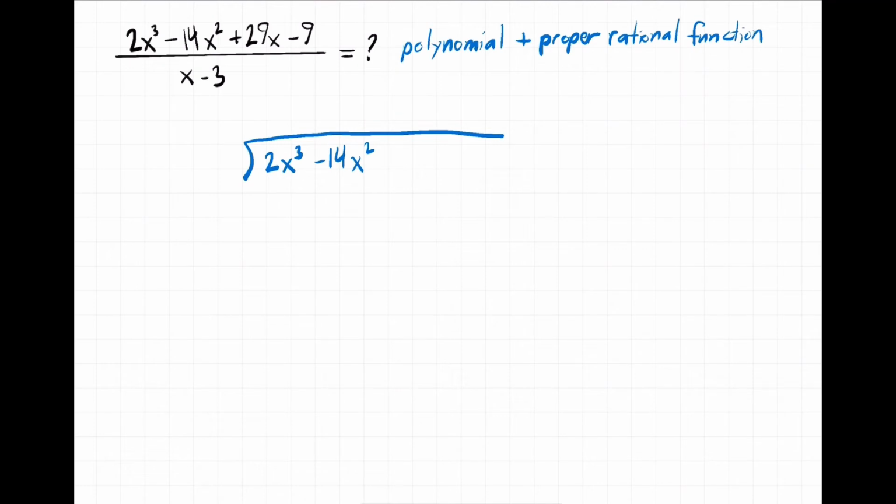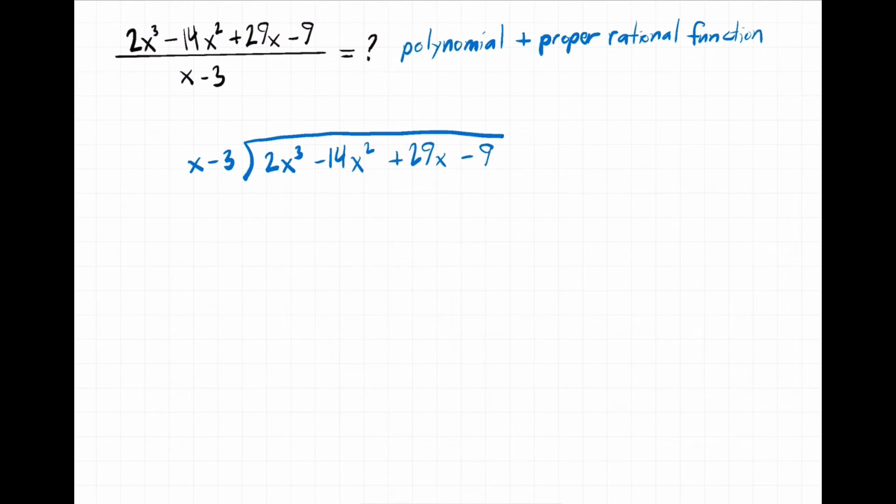So in this case, I have an x cubed and an x squared, x to the first, and a constant term. So there's nothing missing. But if there was something missing, you'd want to insert that in with a 0 coefficient. Don't need to do that here, but that's okay. This is plus 29x minus 9. Okay, we're dividing this by x minus 3.